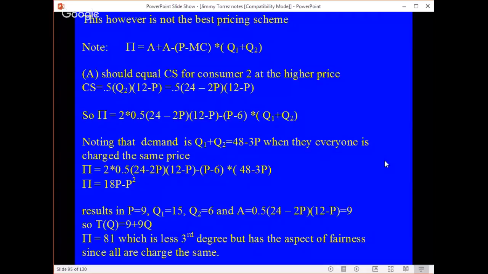Now I just have this in p. I do the ugly algebra, I get 18p minus p squared. I take the derivative of that with respect to p and set it equal to 0.